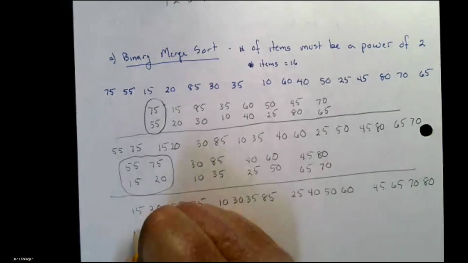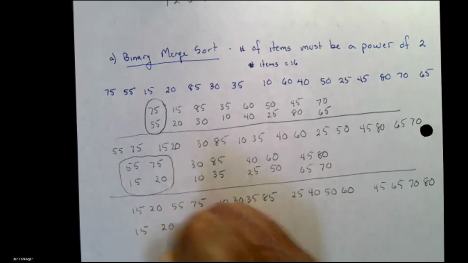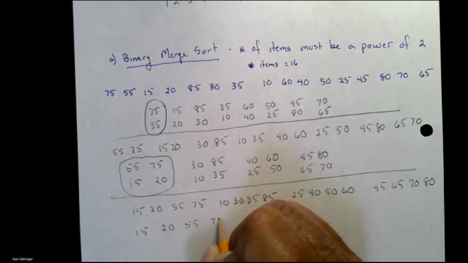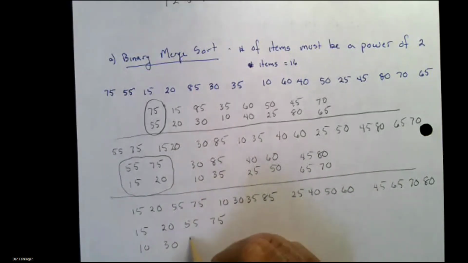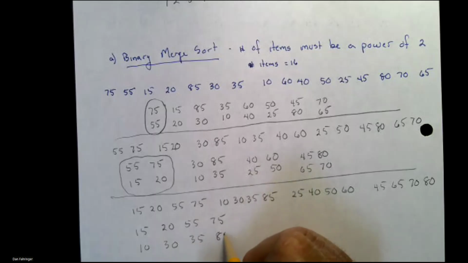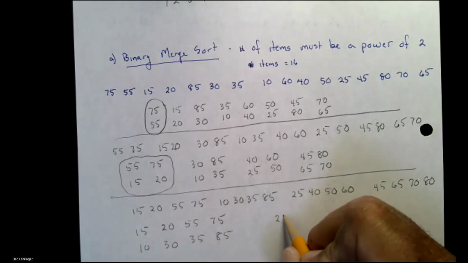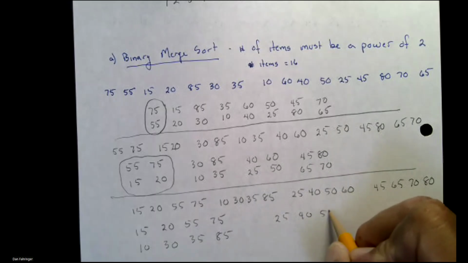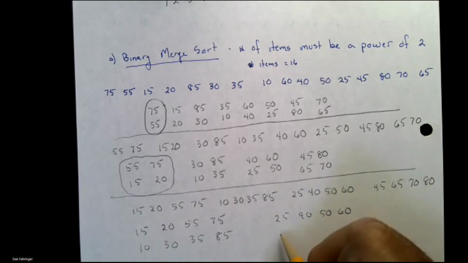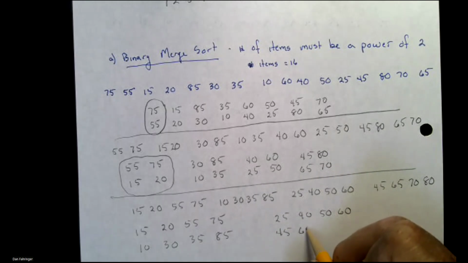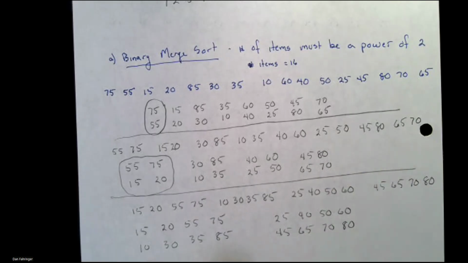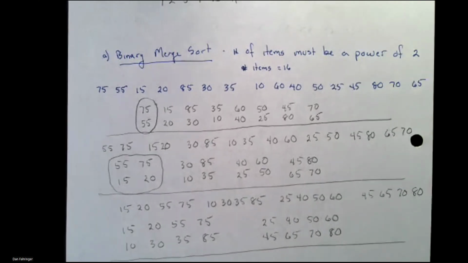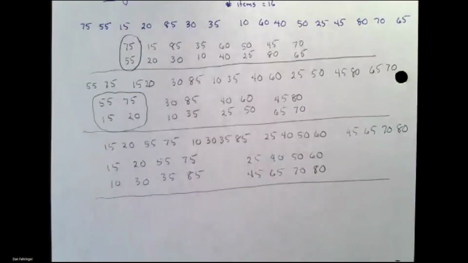Make two lists. 15, 20, 55, 75. 10, 30, 35, 85. 25, 40, 50, 60, 45, 65, 70, and 80. One at a time, went by twos.